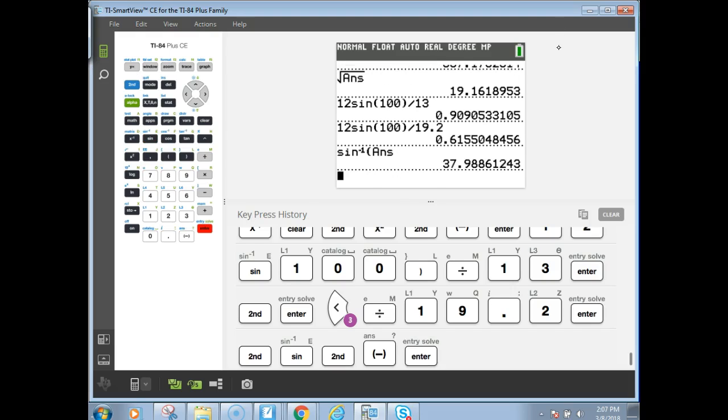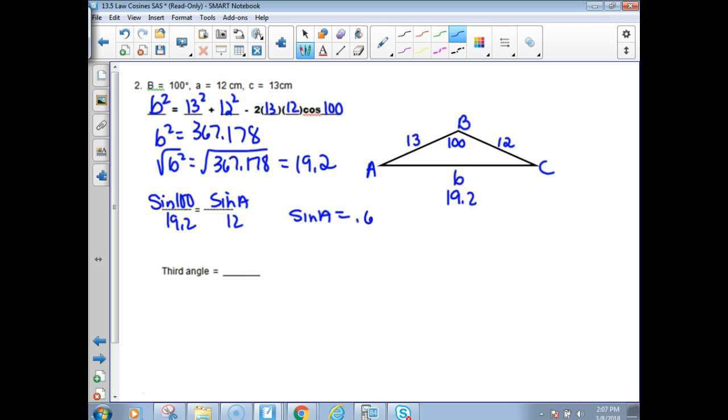I got 38 degrees. Okay, so angle A's measure was 38 degrees. Now, the third angle, which would be angle C, we'll take, you want to put it in that blank, I don't care. We're going to go 180 minus 100 minus 38, and that should be 42.